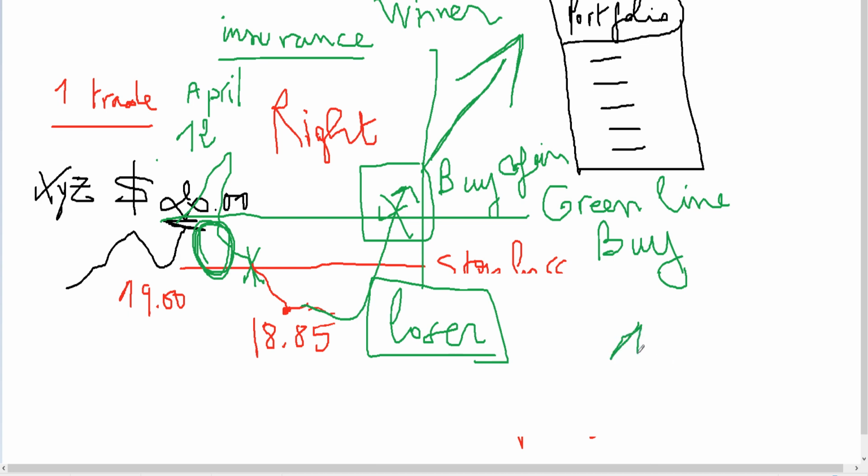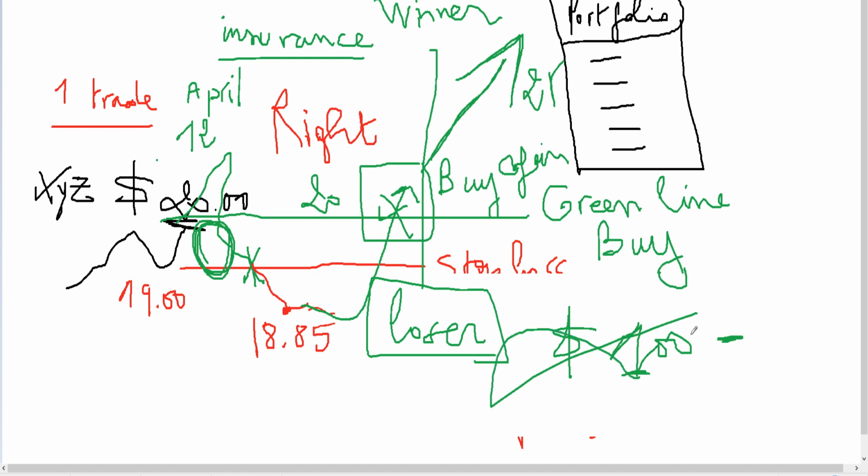Let's say it is $100, because the stop loss from 20 to 19 is $1 and you bought 100 shares, so you lost $100. But understand that the stock here from 20 can go to $25 or 30 or 40. You can make more money than what you lose.